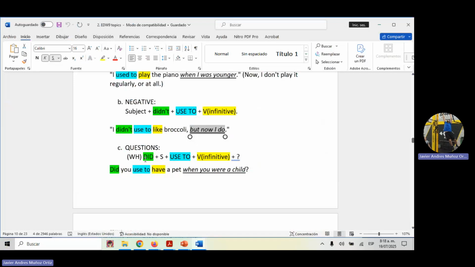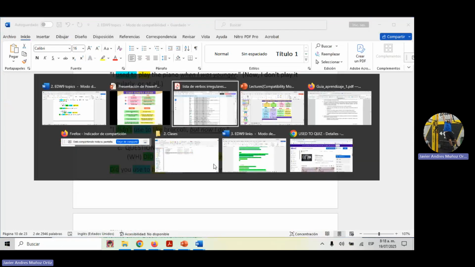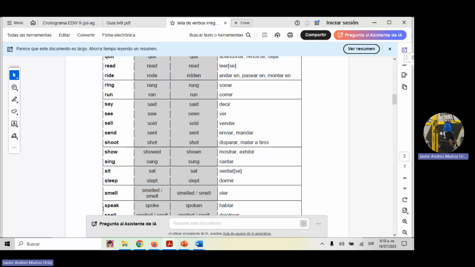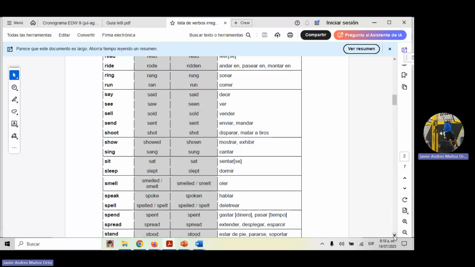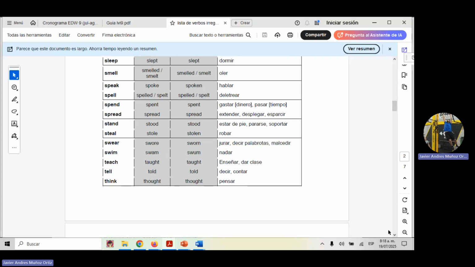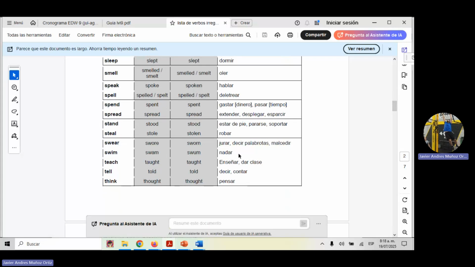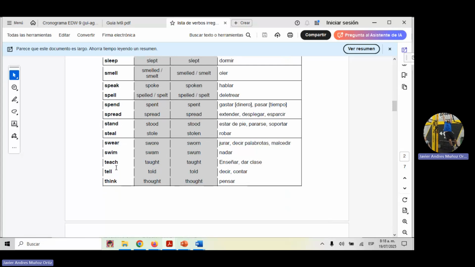We're going to have the auxiliary verb at the beginning, mentioning who used to do something. But once again, used to is an auxiliary verb. Therefore, we are going to need an additional verb, a main verb. And this verb again is going to be in the first column of the list of verbs.